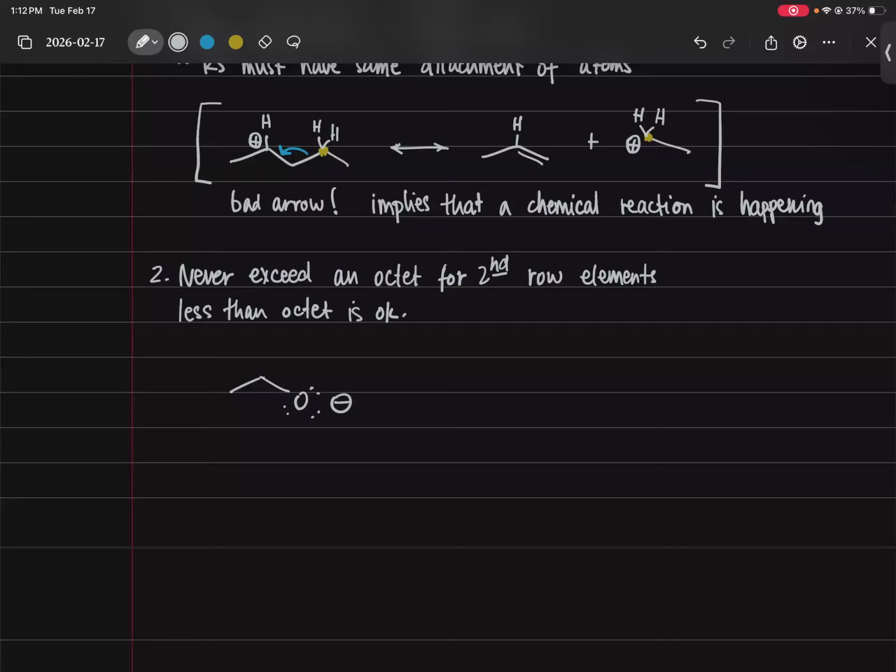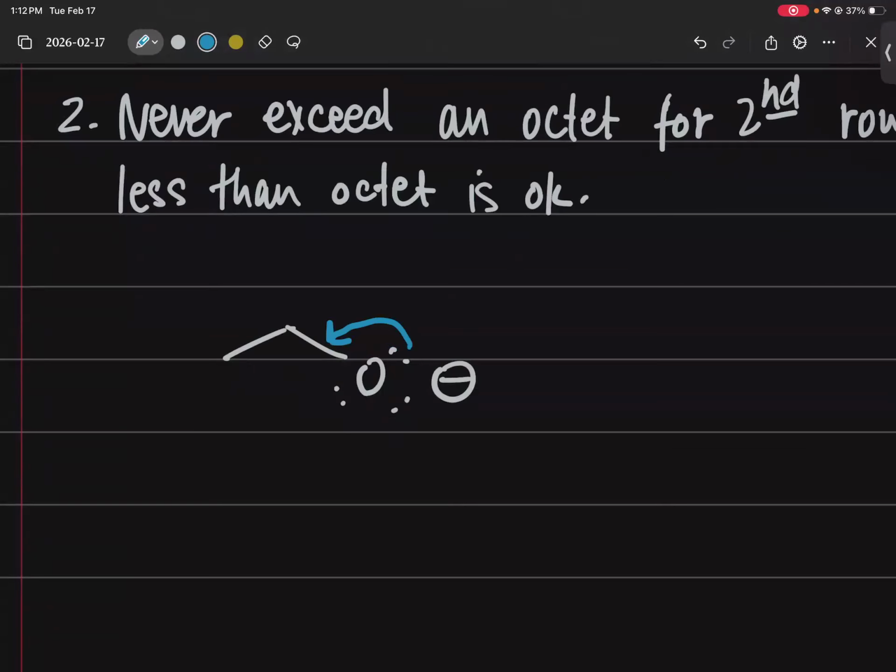Okay, so let's say we have this molecule. We have a negatively charged oxygen. It's got one bond and 3 lone pairs. And I'll draw another bad arrow. Okay, again, precision, really important here. So the arrow starts at one of the lone pairs. That's a valid place for an arrow to start. And it ends at this carbon-oxygen bond.